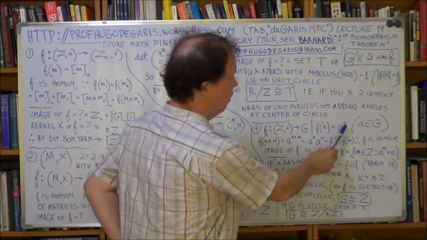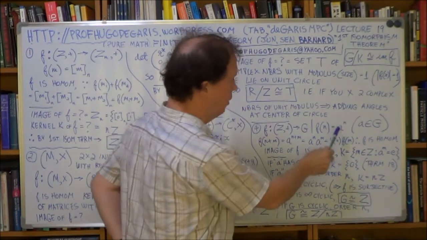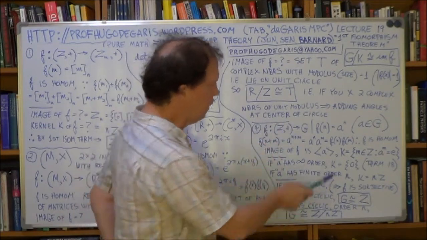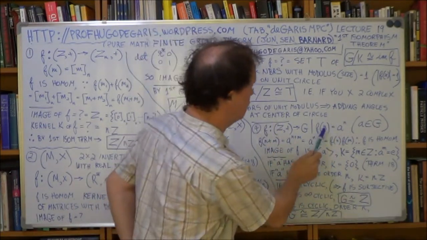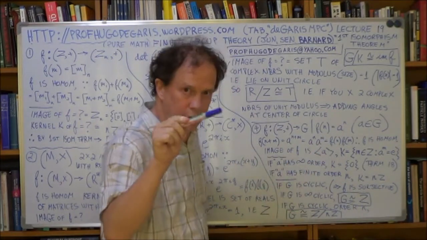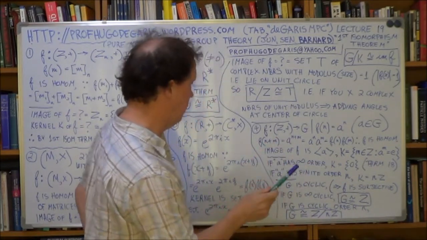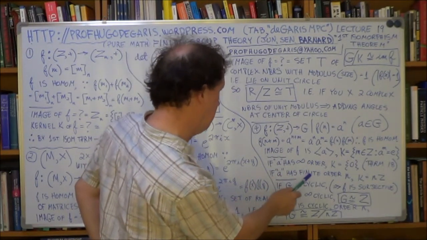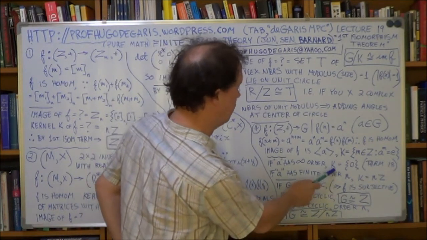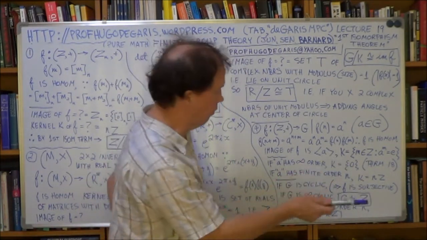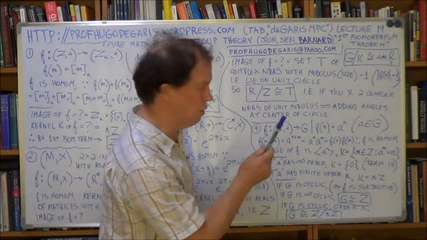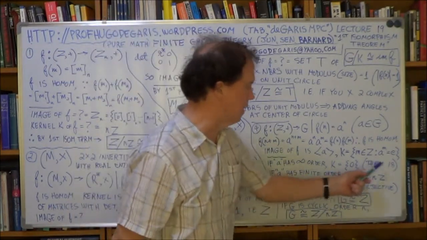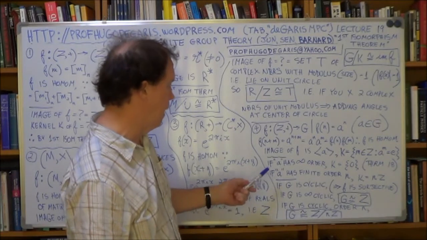So if there's no finite n that gives you a to the n equals E, in other words, a has infinite order, then there's only one integer n that gives you E, and that's 0. So then the kernel is just 0. It's just a set with one element in it, 0. Just one integer. And that comes from theorem 18. So if you're a bit rusty on why that's the case, go back and have a look.